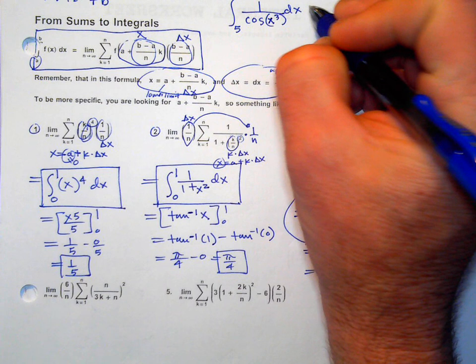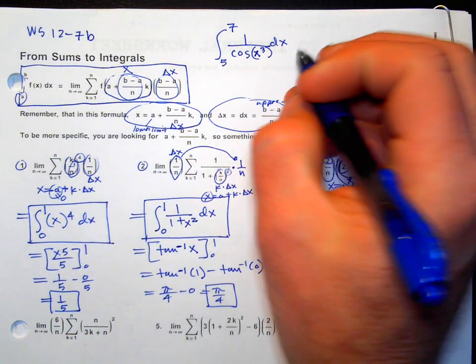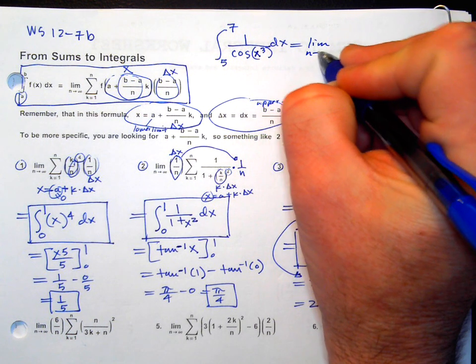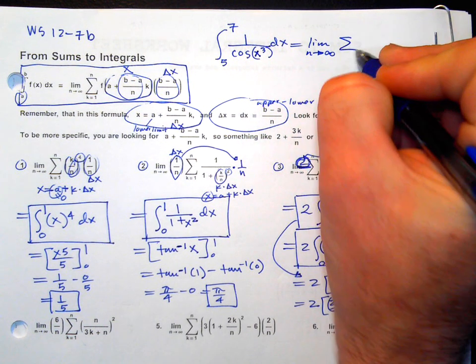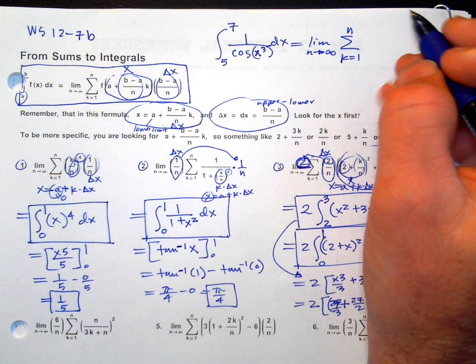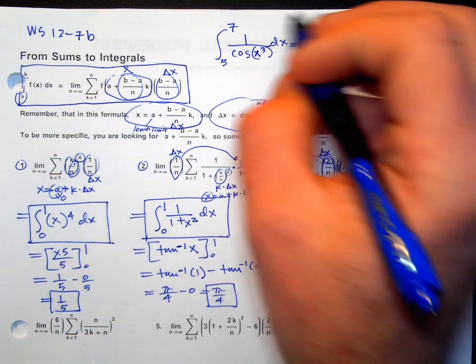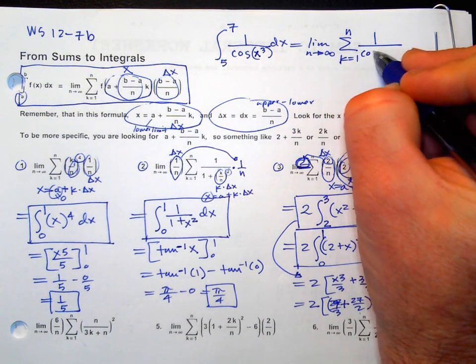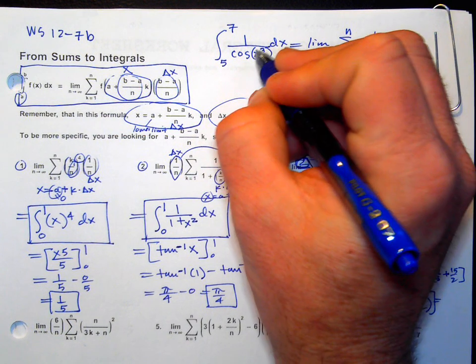So if you take a definite integral, can we rewrite it as the limit of a Riemann sum? Well, it's going to be the limit as n goes to infinity of the sum from k equals 1 to n. And then what we've got to figure out is, the function is going to be 1 over cosine of, and then this is where the x is.